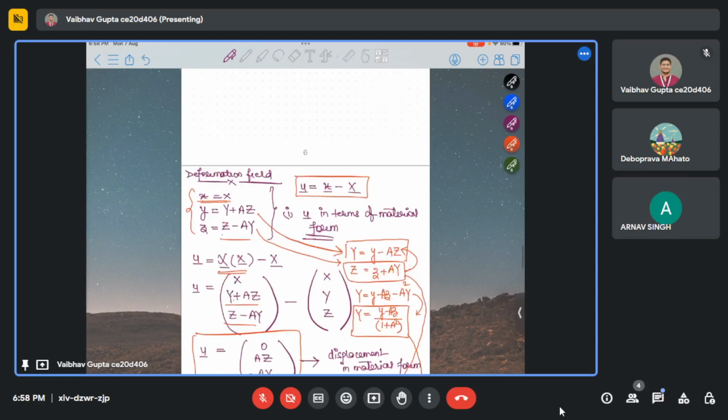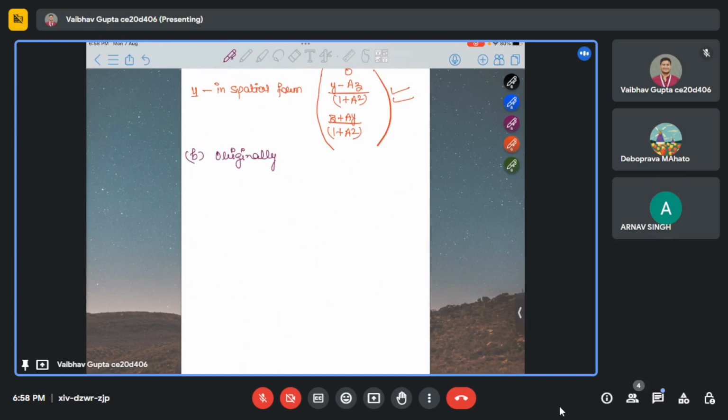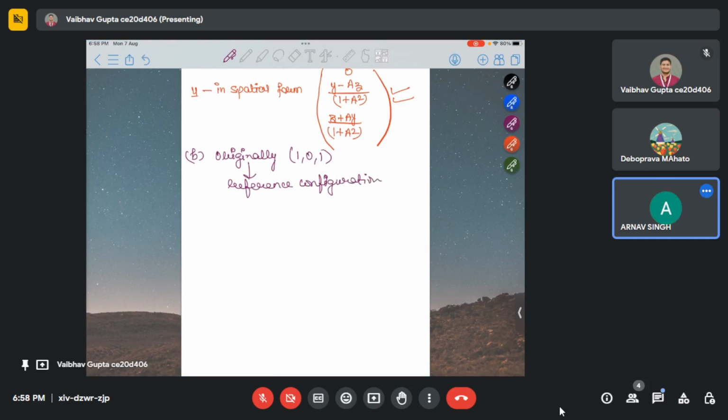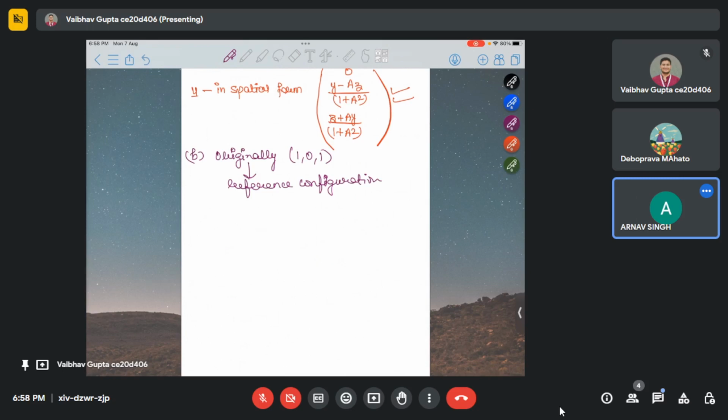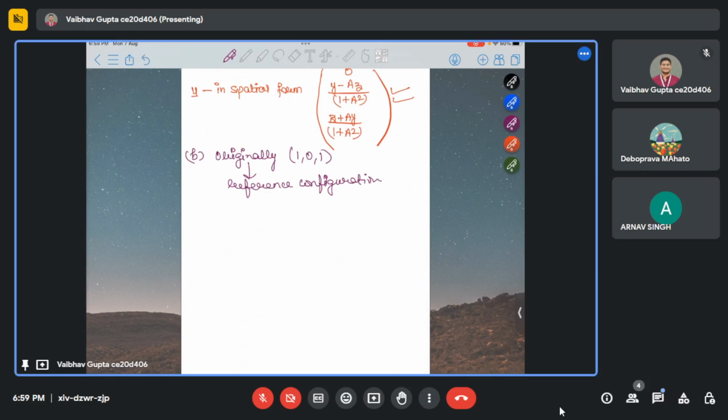Originally means reference configuration only. So as per capital X, capital Y and capital Z, the location of our particle as per the deformation field is capital X, capital Y plus AZ, capital Z minus AY.